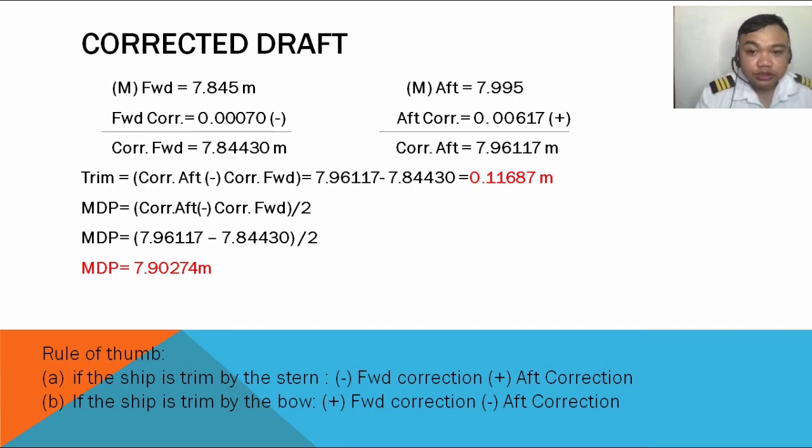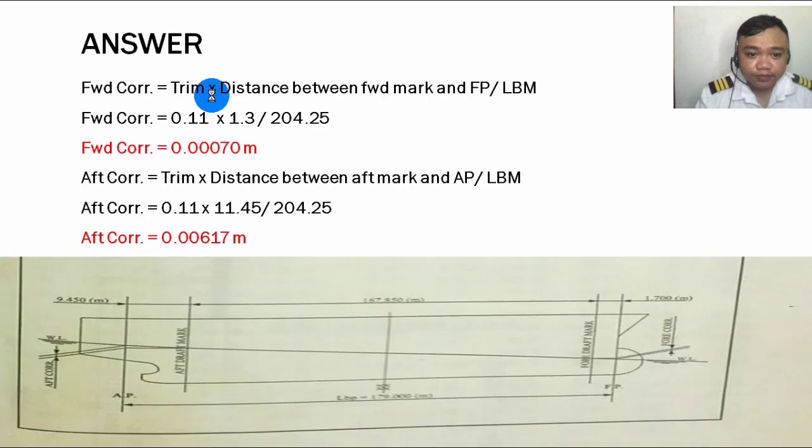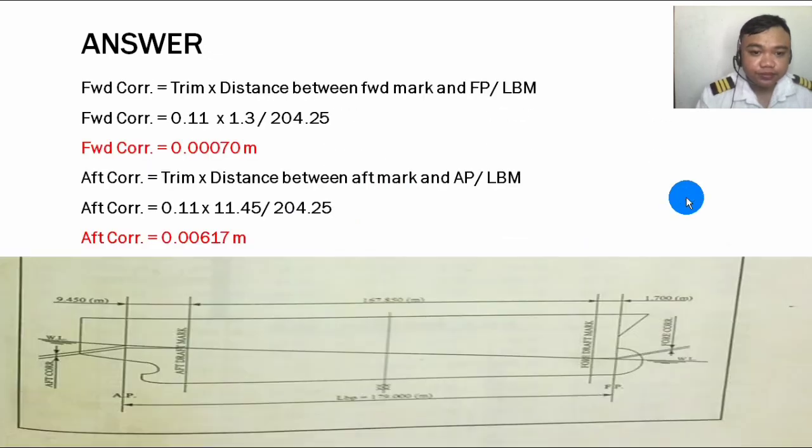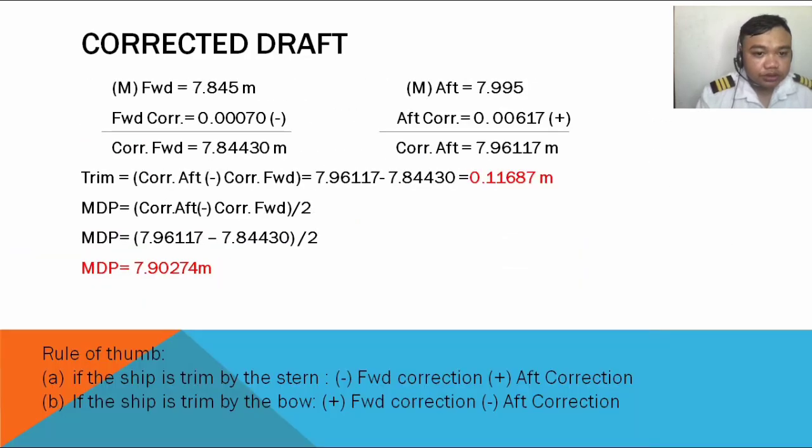These two were already obtained in the first step: 7.845 and 7.955. After applying that, we have already the corrected forward draft and corrected aft draft.